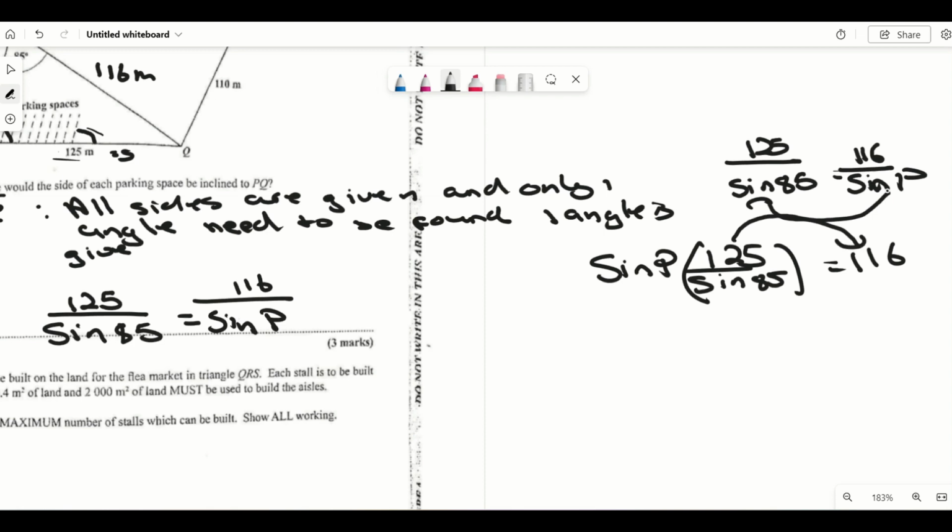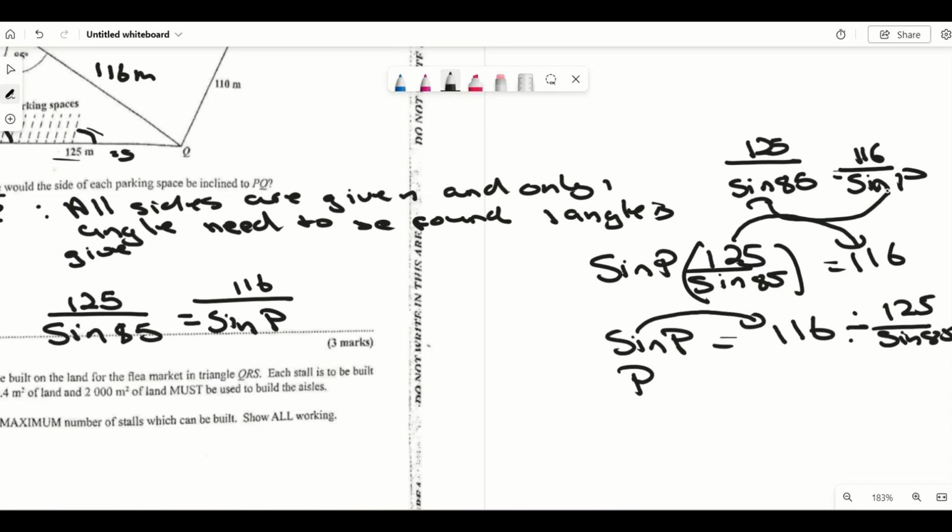So it's going to turn to divide. So sine P is equal to 116 divided by 125 over sine 85. Alright, you do this in your calc. Well, not as yet, but then after this, you want to find out what is P, you're carrying across sine. If you carry across the sine, it will be sine inverse.